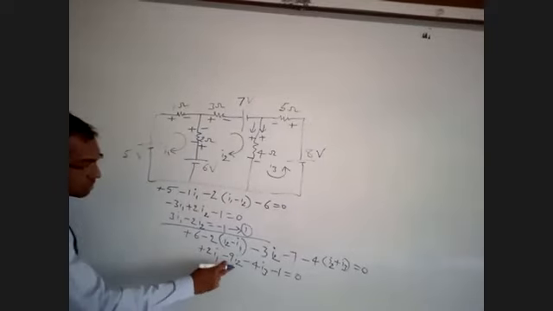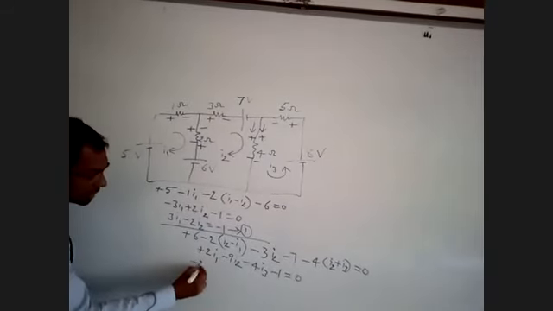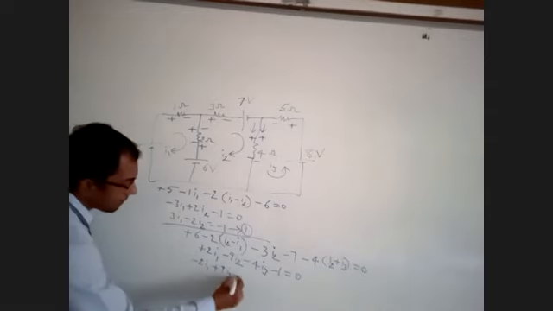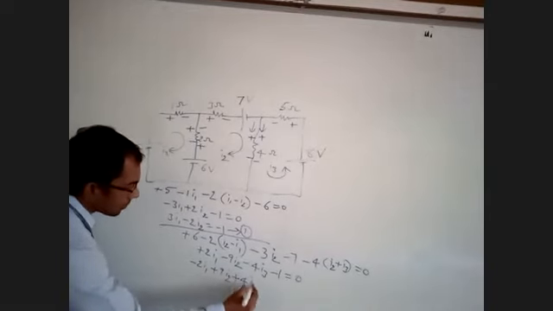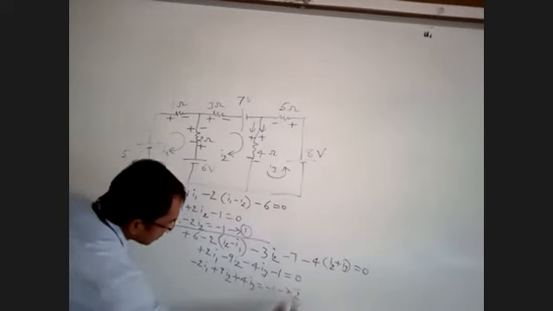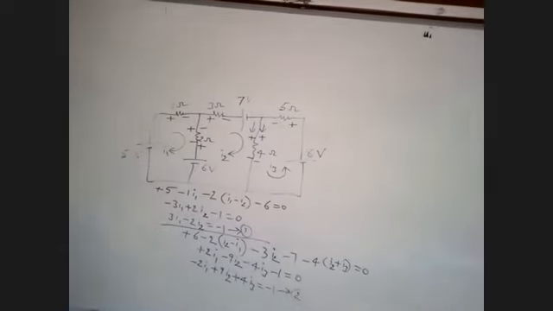Now make I2 positive in the second loop. Multiply the entire equation with minus. Let it be equation 2. Write down the equation.